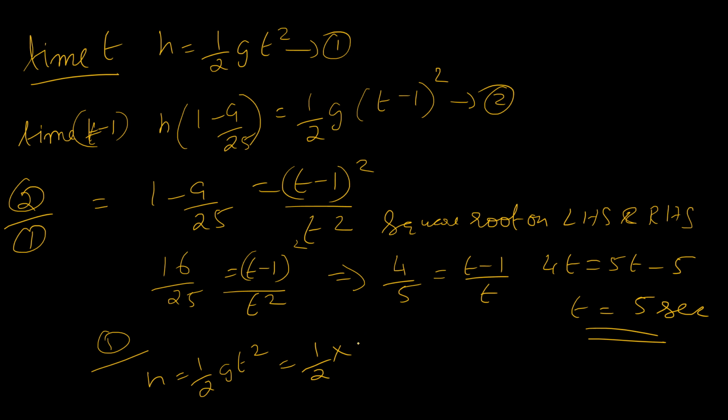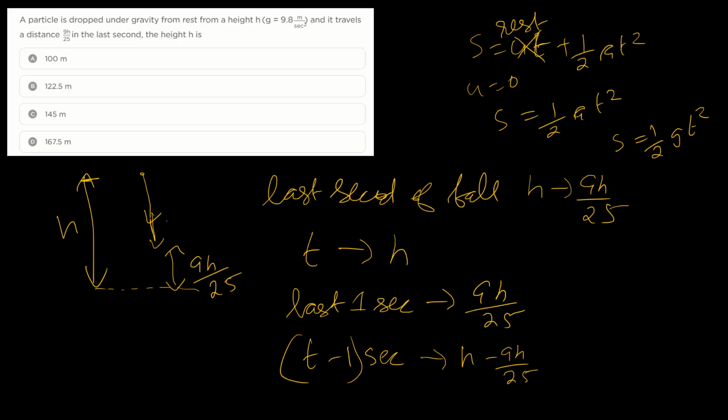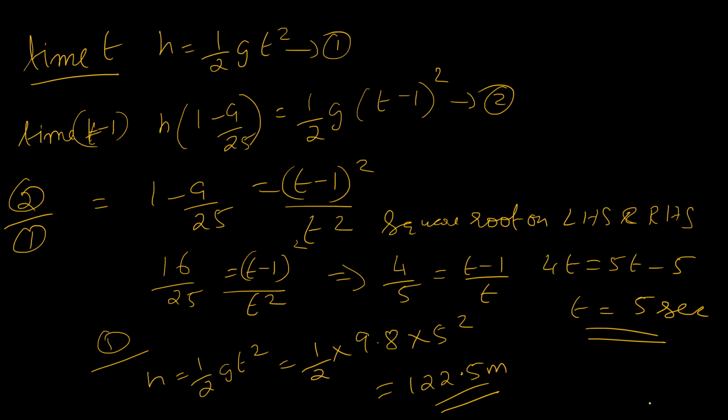If it is not mentioned in the question, we can use 10. With 9.8 into 5 square, after substitution we get the value of h as 122.5 meter. So this is the answer. Let me check the options. Yes, B is the answer.